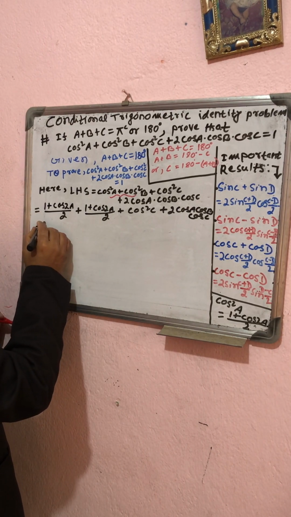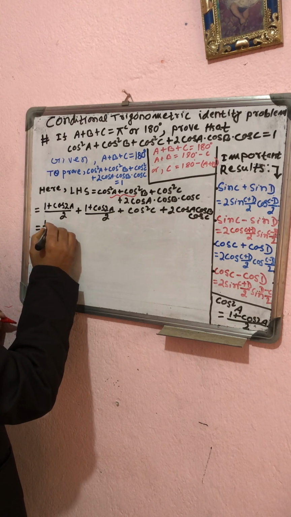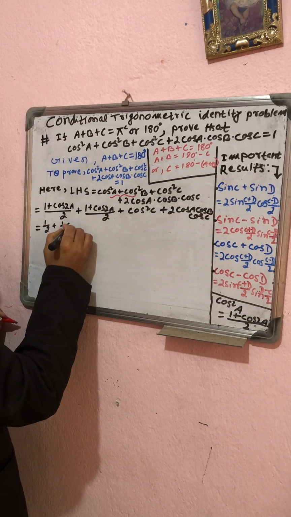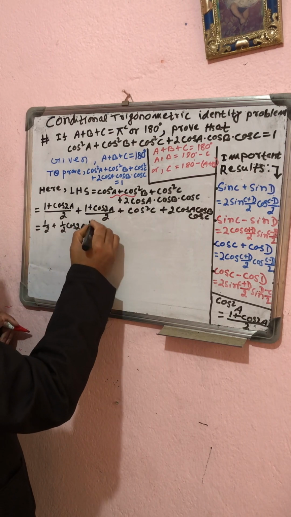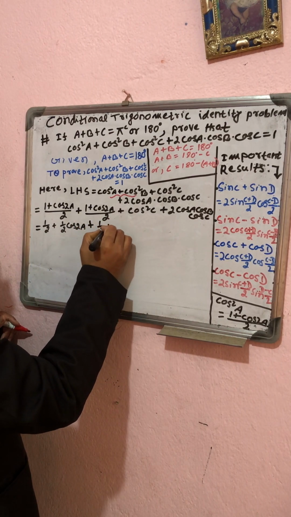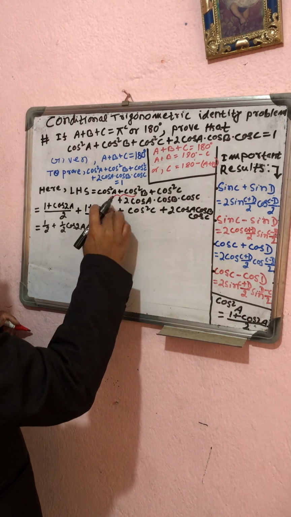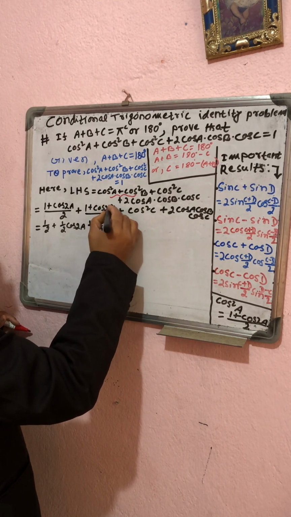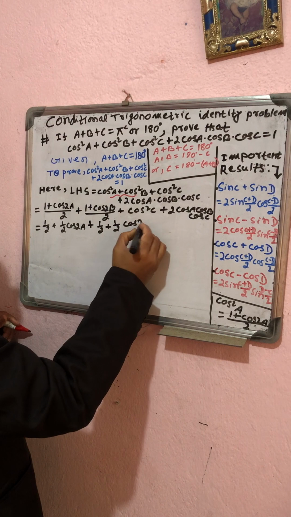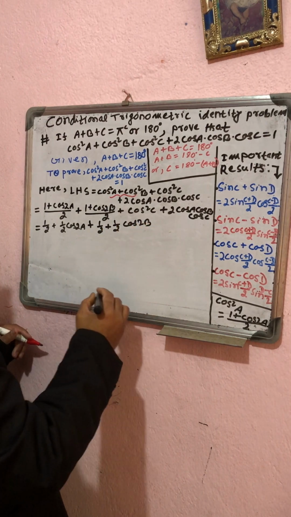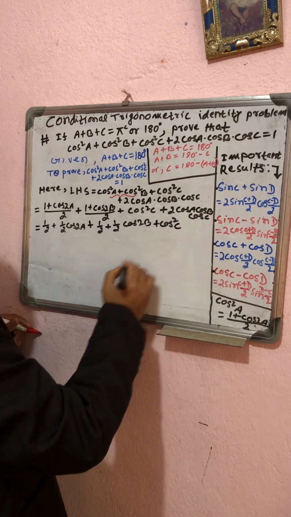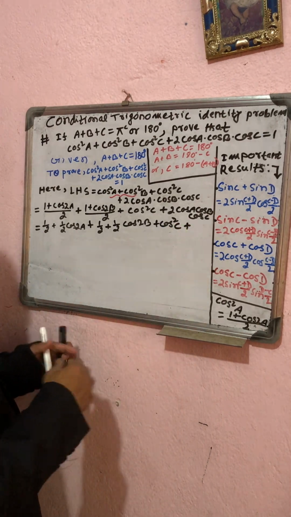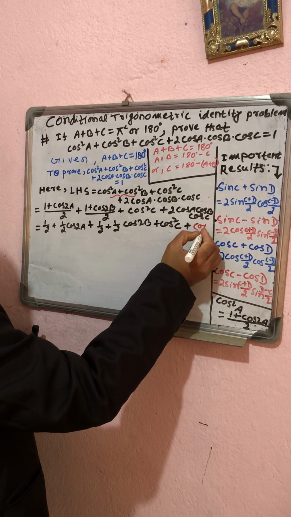Okay. Now furthermore you can see that this is 1 by 2. So you can write here 1 by 2 plus 1 by 2 cos 2a. If you separate the fraction, it is 1 by 2 plus 1 by 2 cos 2b. Alright, and then we have the term cos square of c, and then plus, just copy this.